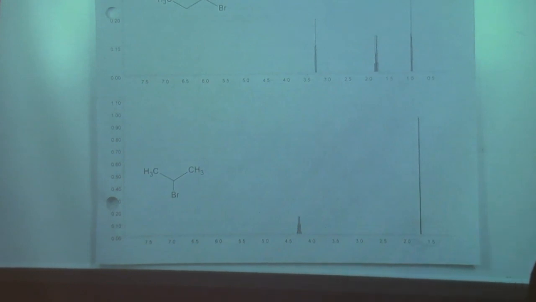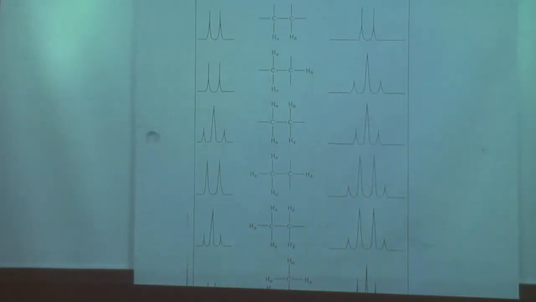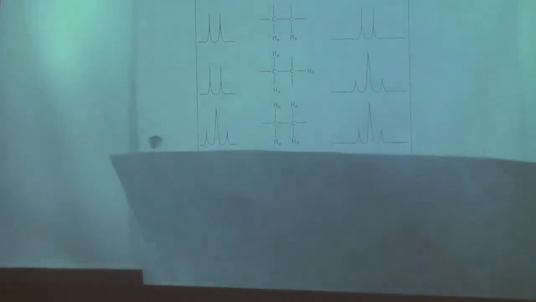So before we talk about where splitting patterns come from, I want to talk about what they look like. You have this piece of paper, so you can pull it out, but I'm going to draw them here for you.